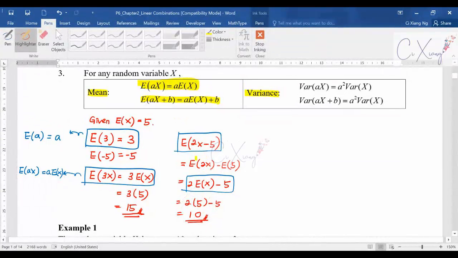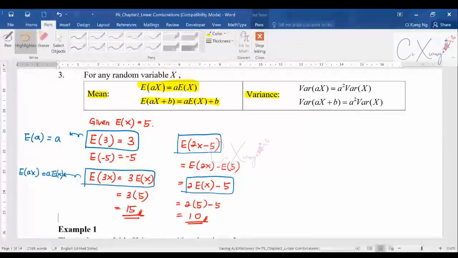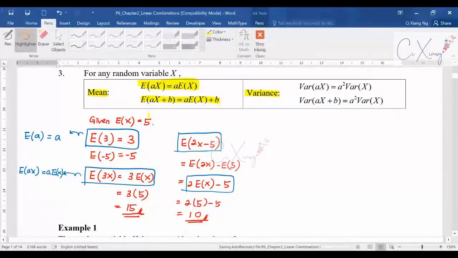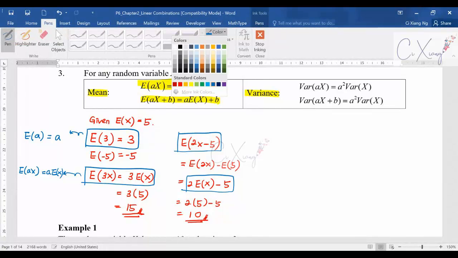So I write it in very detailed steps to let you see how we actually try to find the mean with a linear function. So I hope that in the future, when you look at all these linear functions, you know how to find the mean already if the original mean E(X) is given.